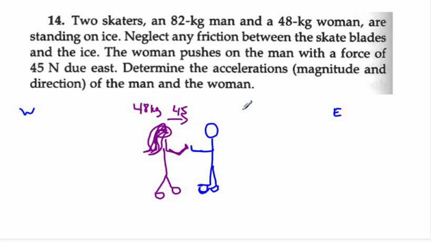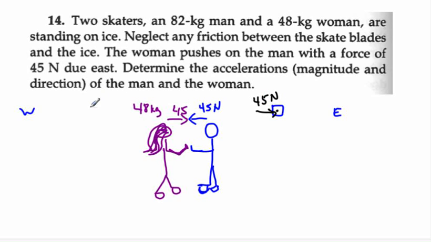And we know that for every action there's an equal and opposite reaction. So if she's pressing on him, he then is applying a force back equal to 45 newtons. So if we just looked at what's happening to her, or let's do him first. If we would just look at what's happening to him, if he was just like a block, and we looked at the forces coming in on him, we'd see that 45 newtons is acting on him.